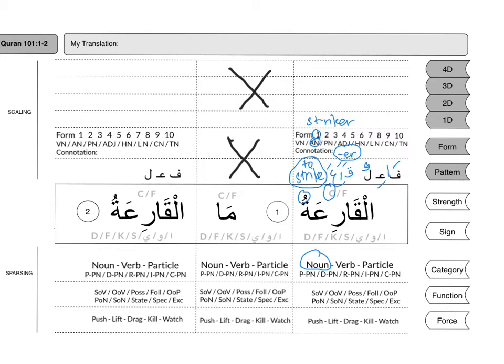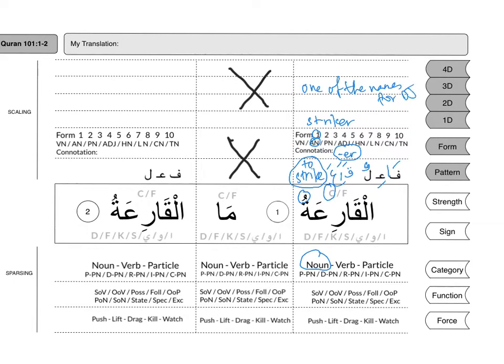Now you go to the function and the force. Sorry, let's go to the 2D, 3D and 4D meaning. Now when we talk about qari'atun, it is said to be one of the names for the day of judgment.